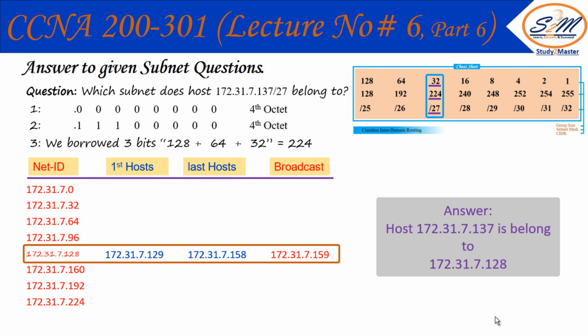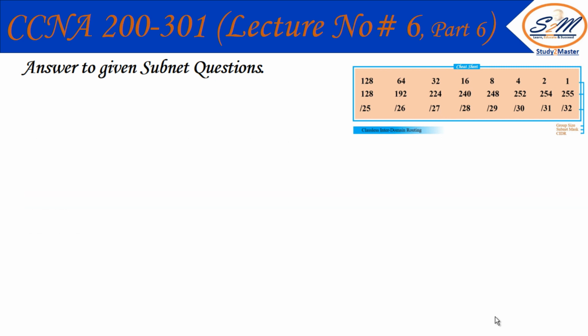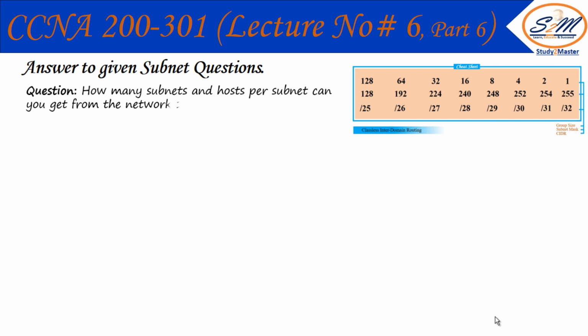The next network will start at 172.31.7.160. The answer to the given question is that host 172.31.7.137 belongs to 172.31.7.128. Next question.